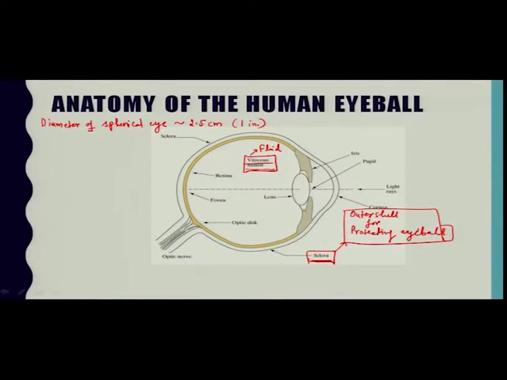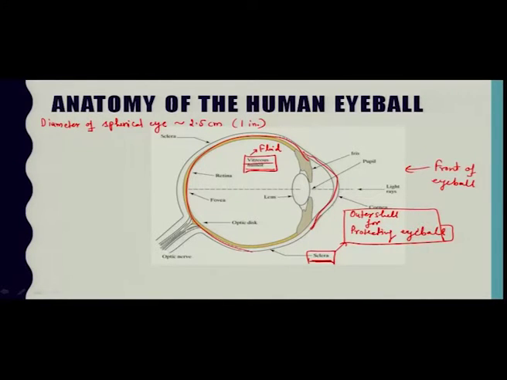This particular sclera includes a modified region. This is the modified region, and this is at the front of the eyeball. So this is the front of the eyeball, and here you can see the modified region.